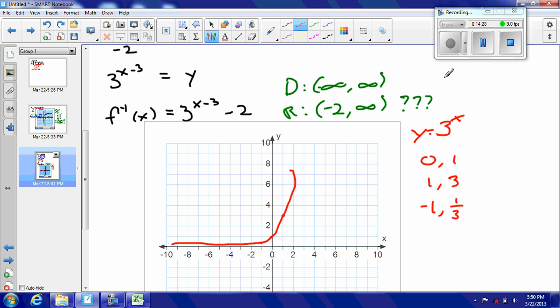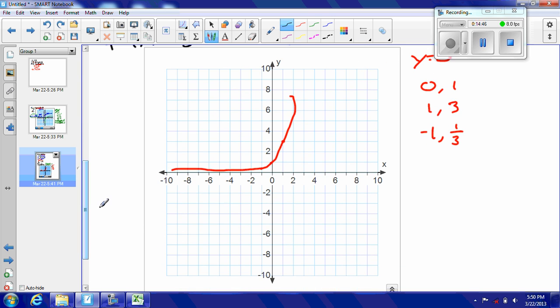So now I need to transform it. How am I going to transform it? I'm going to go to the right 3 and down 2. So before I do anything, if I'm going down 2, I think I better move my asymptote. It was the x-axis. Now my asymptote is going to be at negative 2. There it is.